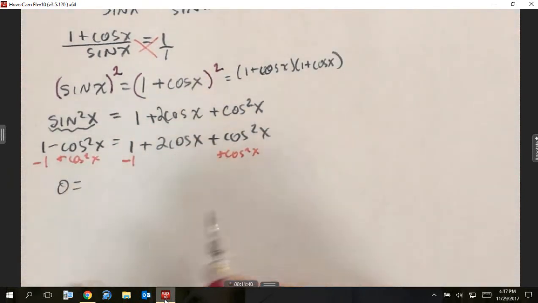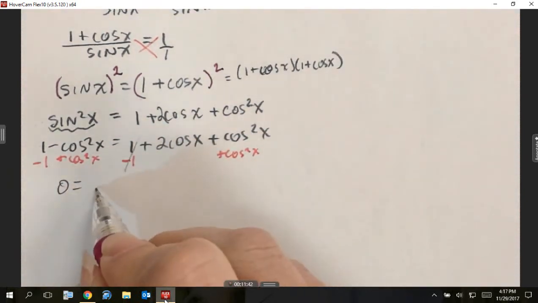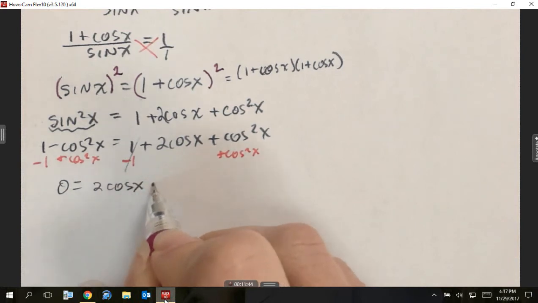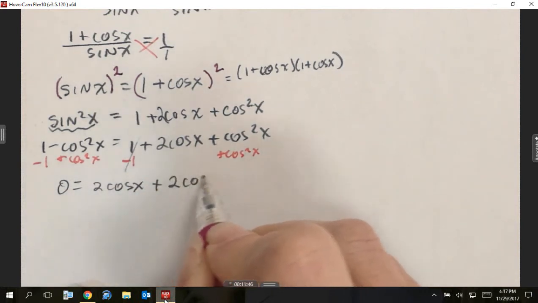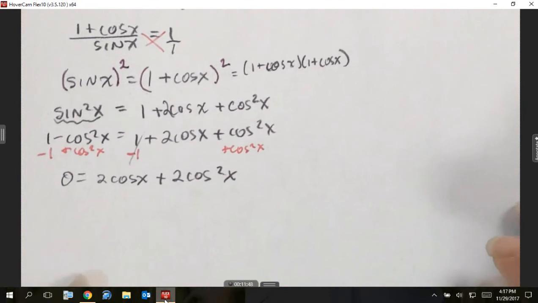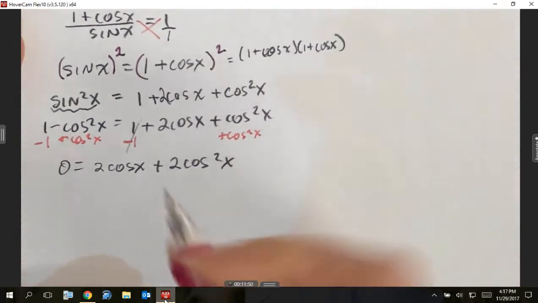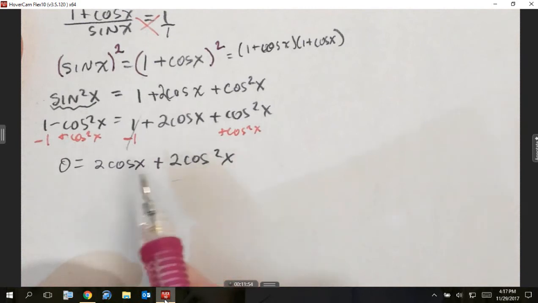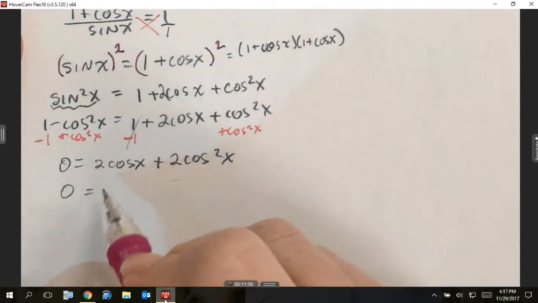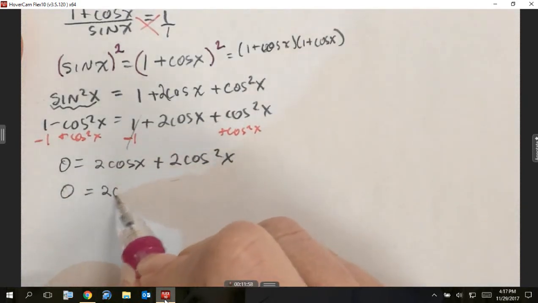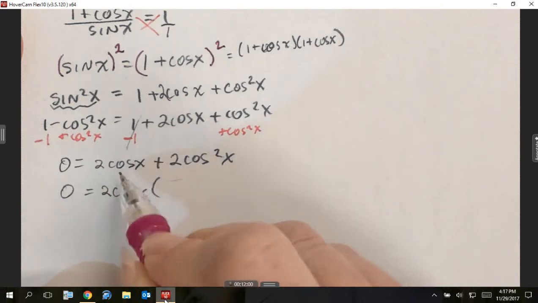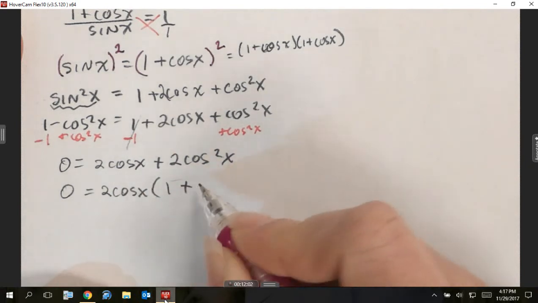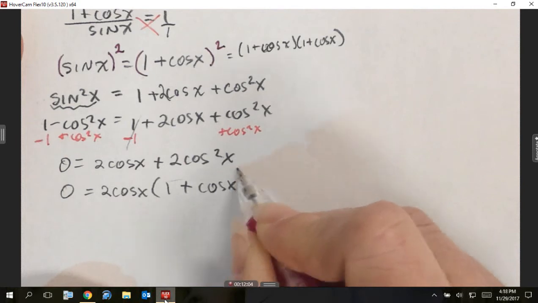So I get 0, and these cancel out. 2 cosine x plus 2 cosine squared x. And I'm going to try to factor this, and I notice that there is a greatest common factor of 2 cosine. So I'm going to divide out 2 cosine x, and I have left over 1 plus cosine x.